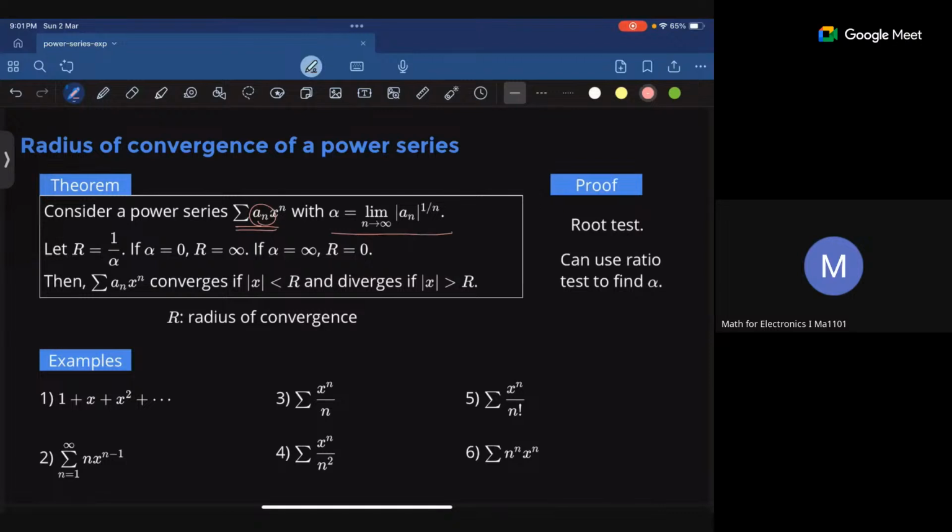You compute this limit and let's say it is equal to some alpha. If you get alpha as 2 or 1.5, then the radius of convergence will be 1 by alpha, which is 1 by 1.5 or 1 by 2.